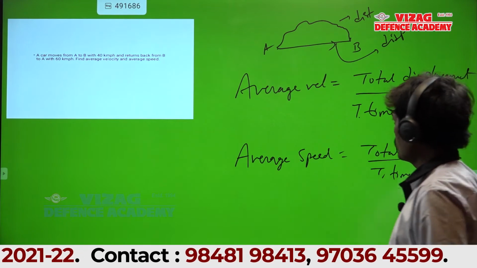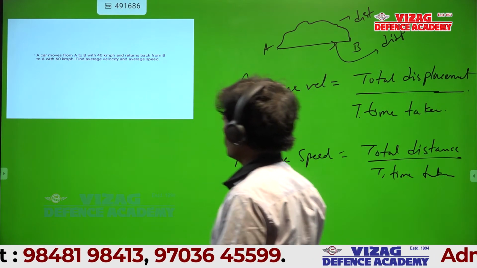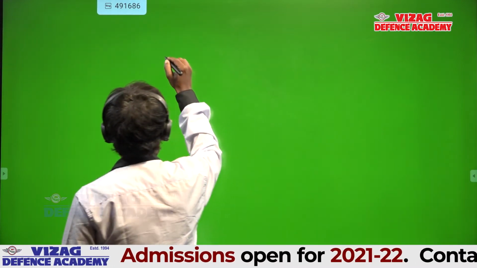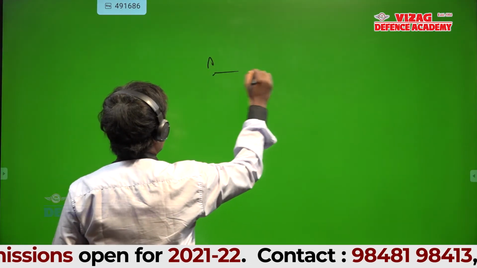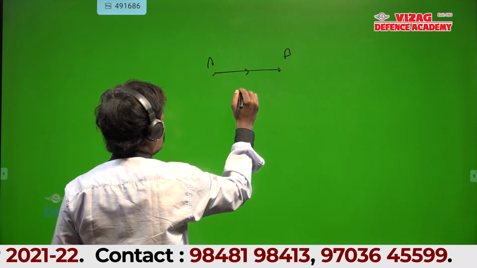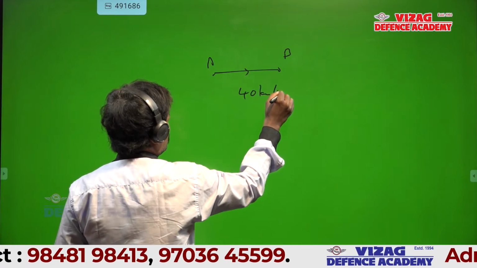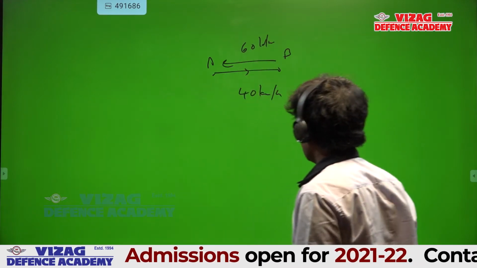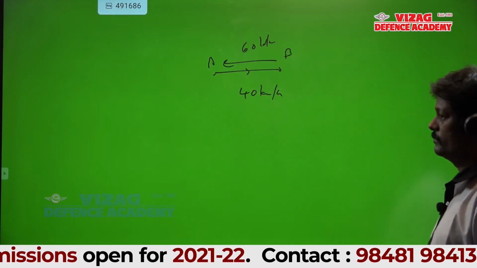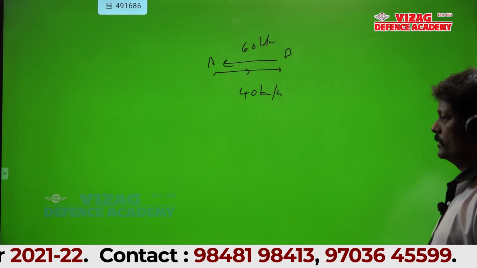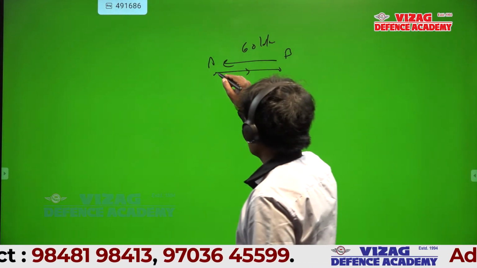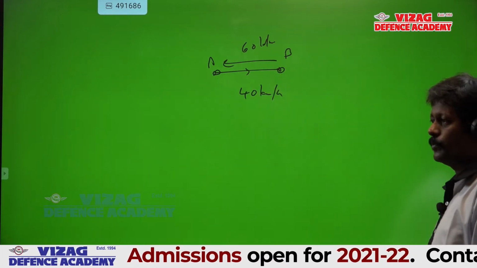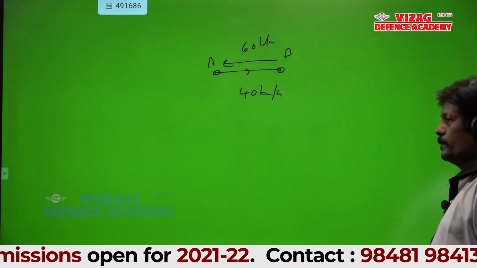Now, let us come back to the question. From A to B 40 kilometers per hour and back 60 kilometers per hour. Can you tell me the average velocity? From A to B the car moves with 40 kilometers per hour, and from B to A, coming back to the initial point, the car has 60 kilometers per hour.